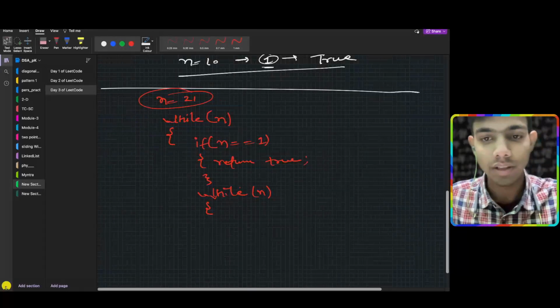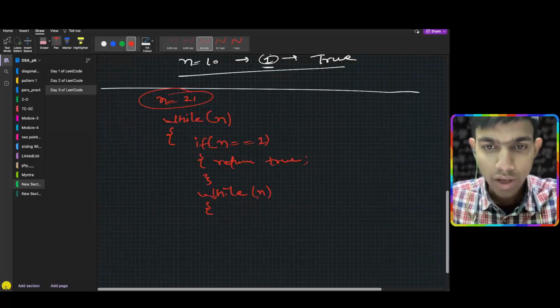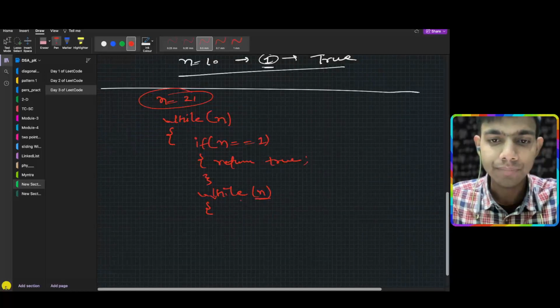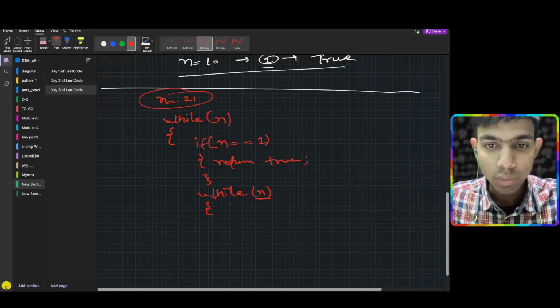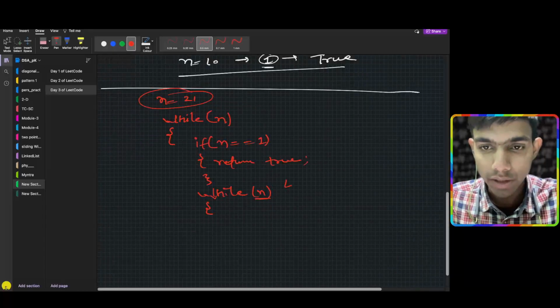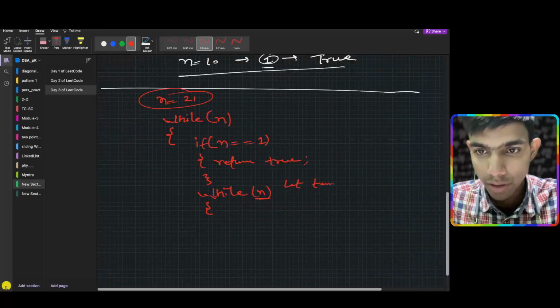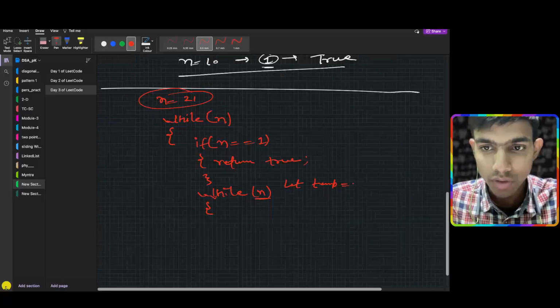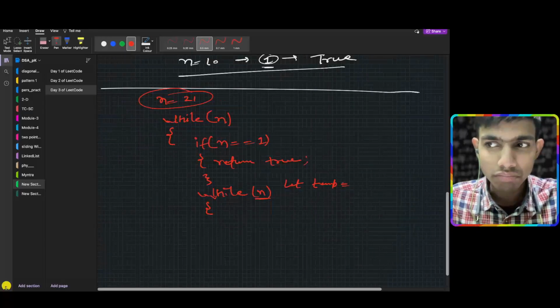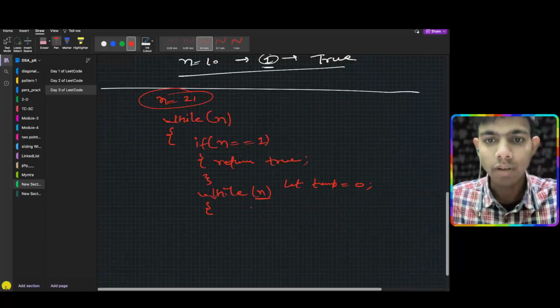So yeah, let's continue. So we have n. Okay, n is a number. So what can we do? We can take one variable, let temp is equal to 0. Yeah.